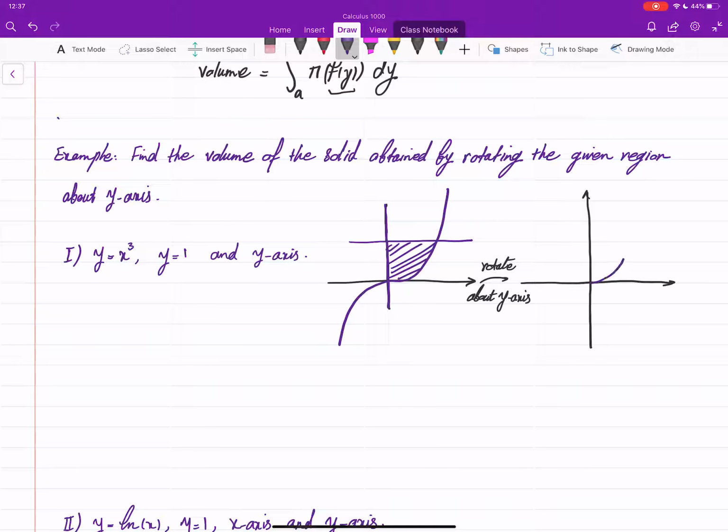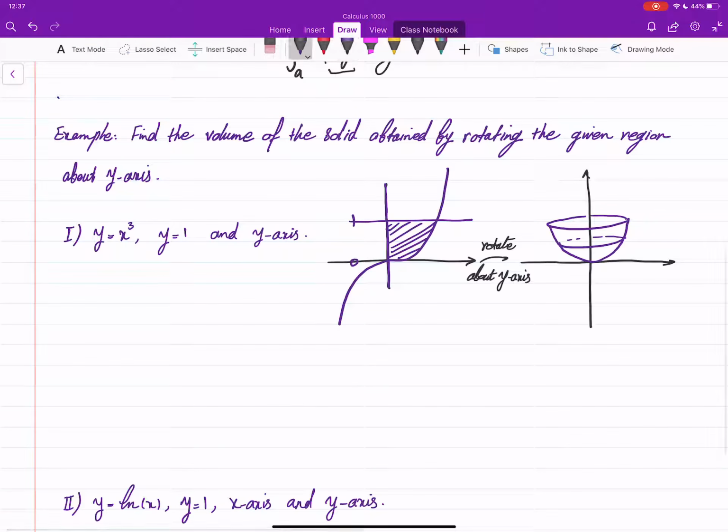So what we will get is a solid ball like this one. Remember that this was y from 0 to 1. And now we want to find the volume of that solid. Since it is about the y-axis, everything should be in terms of y.